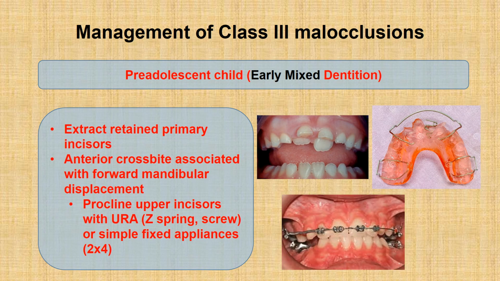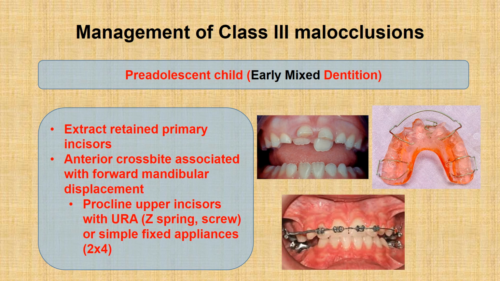Okay, now management of class 3 malocclusions in a pre-adolescent child or in the early mixed dentition. If there are any retained primary incisors causing the permanent incisors to be deflected lingually, then these primary incisors should be extracted.